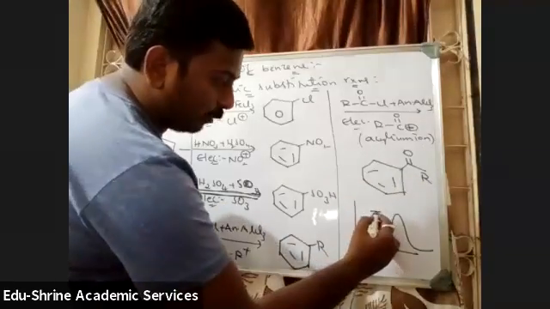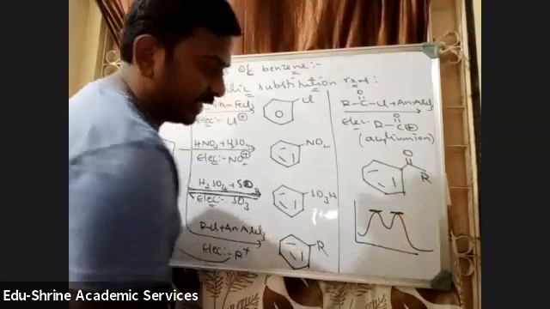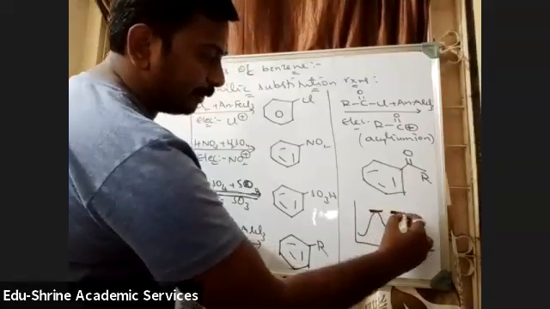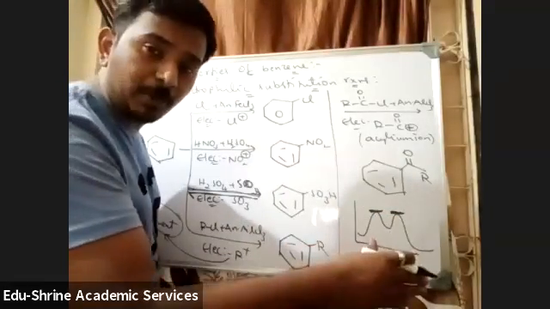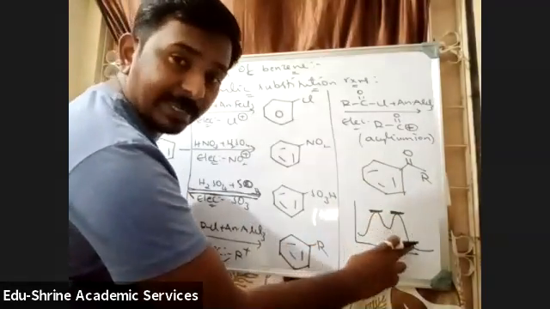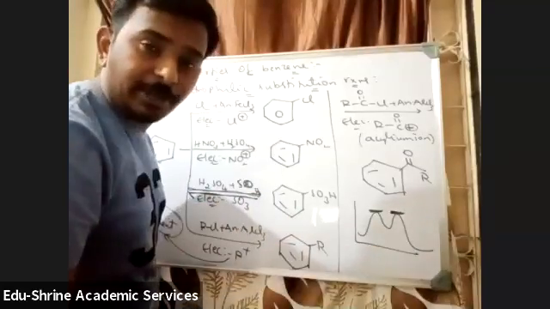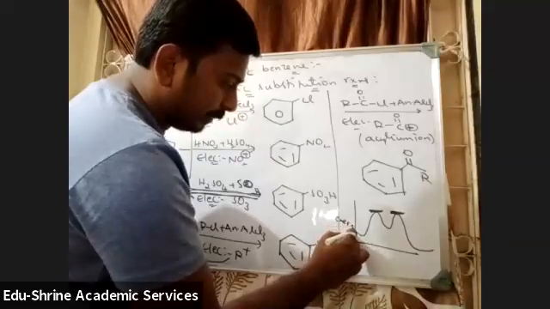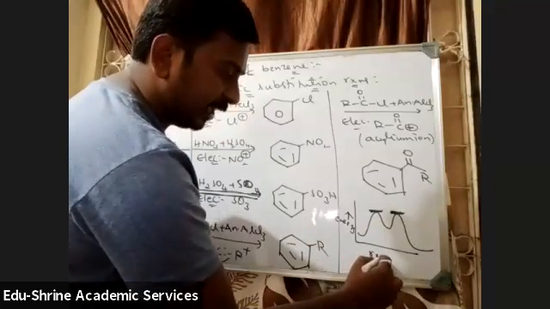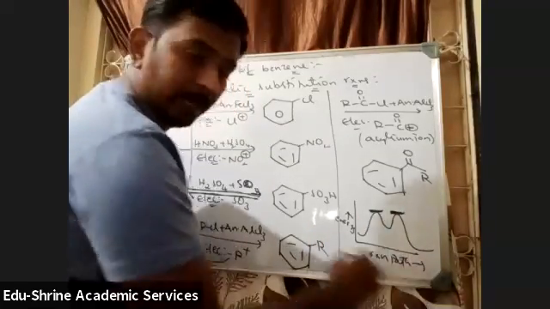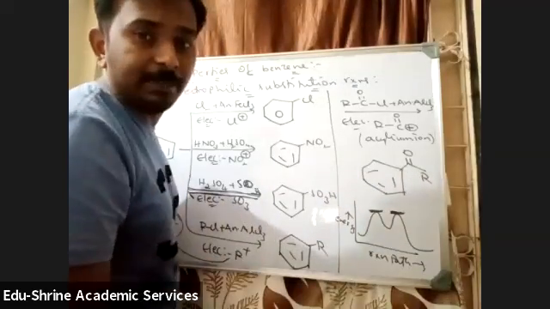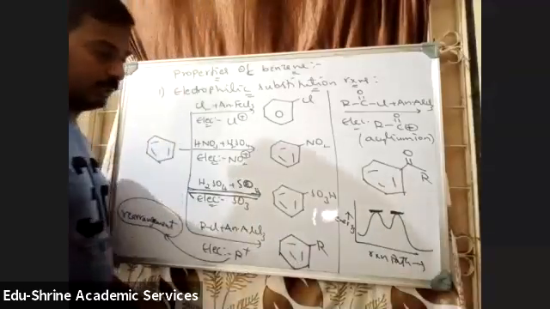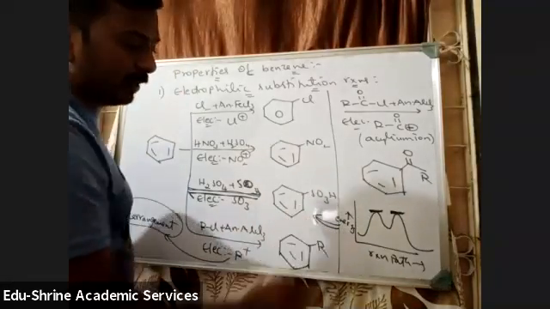When these two peaks are equal, as we discussed in kinetics, it indicates the reaction is under equilibrium. Generally, the peak must keep decreasing as the reaction proceeds, because any chemical reaction proceeds towards equilibrium to gain stability, which means energy must decrease. So in this way you get the graph for sulfonation.